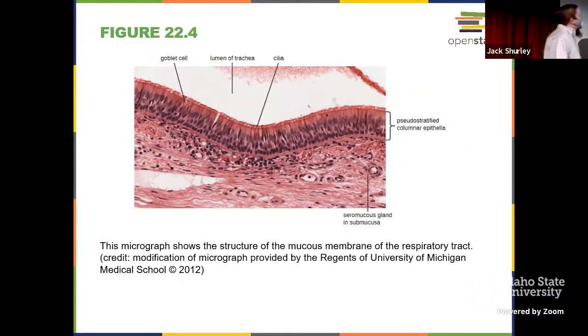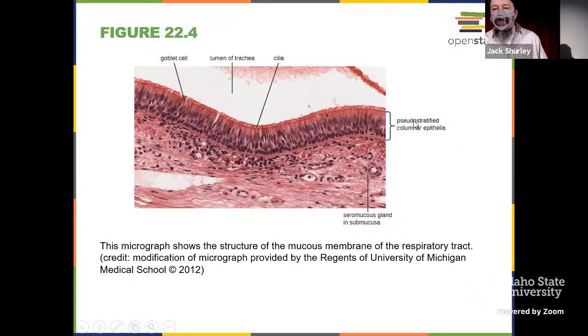This micrograph is a cross section from a respiratory tract. We can see here the lumen of the trachea, the inside, if you will, where air will be moving in and out. All right, and then on one side of it, we can see the ciliated cells.